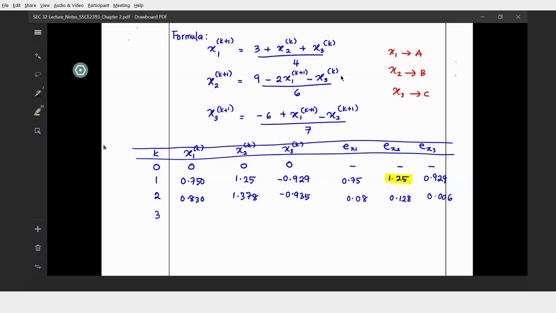Moment. 0.86. Okay. Anyone can confirm? Dapat 0.86. Okay. So I just put here. 0.860. Okay, X2.